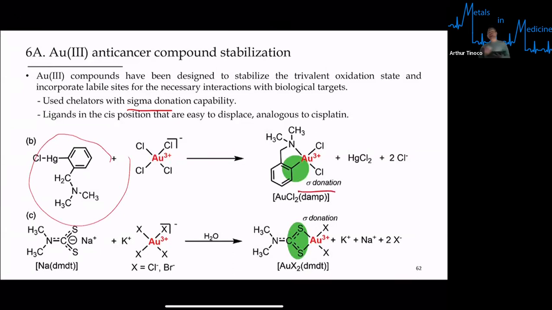You have that bidentate coordination via the nitrogen, but also via the carbon from that group here. But then you have this arrangement of two ligands that would be relatively labile, and so facilitate the metal being able to coordinate to DNA, if that is a target of the metal itself.